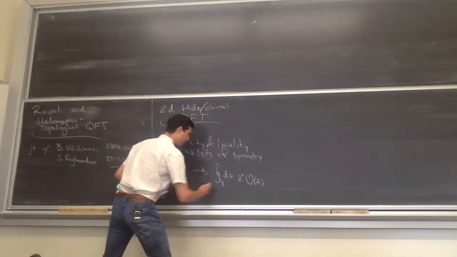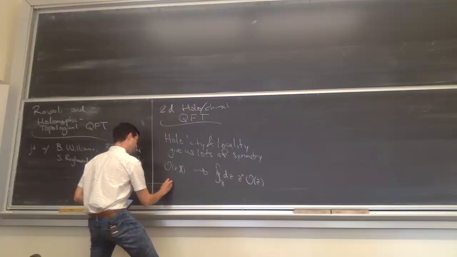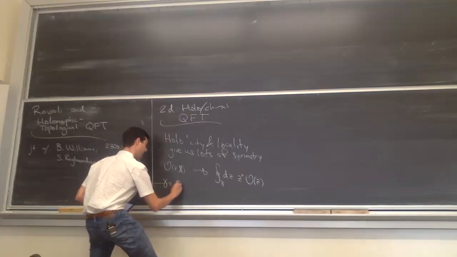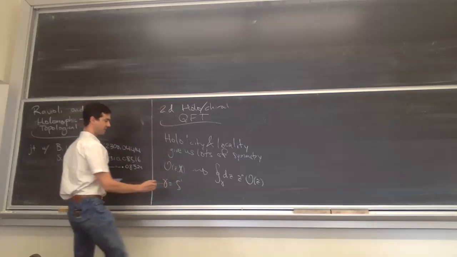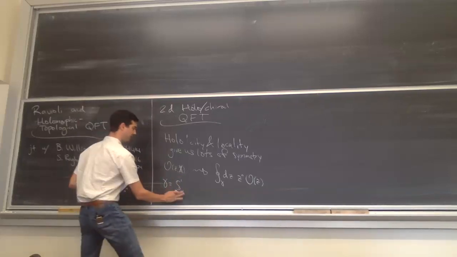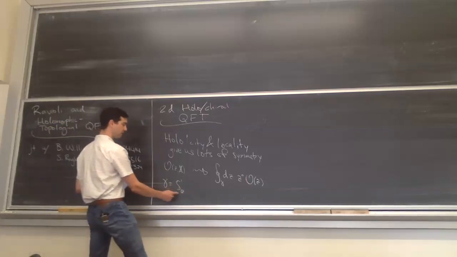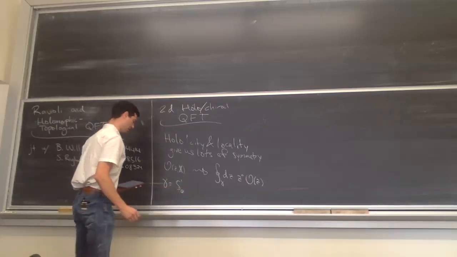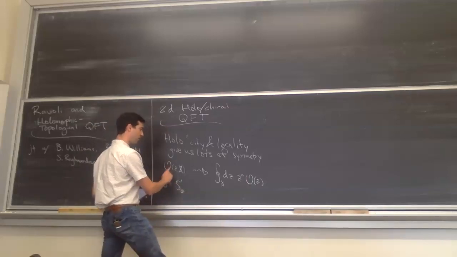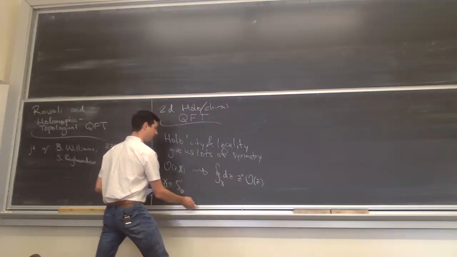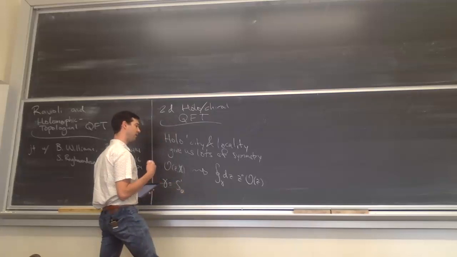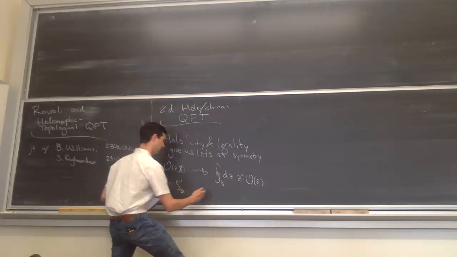So what this does for us is, if we take our gamma to be a circle centered at some point w, I'm just going to take w to be 0 for simplicity. So we take a small circle centered at the point 0. This operator O gives me an infinite number of linear operators acting on the space of local operators.